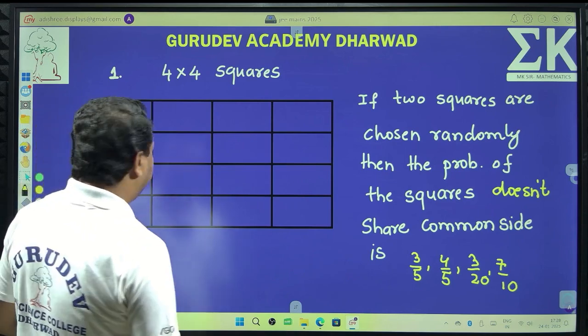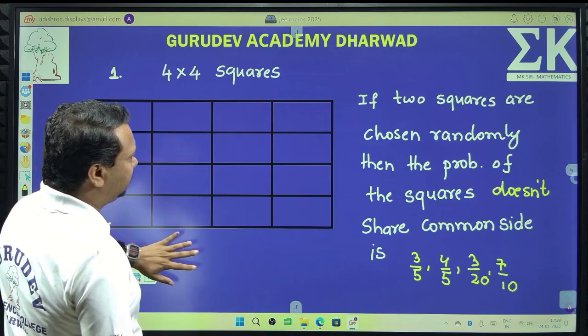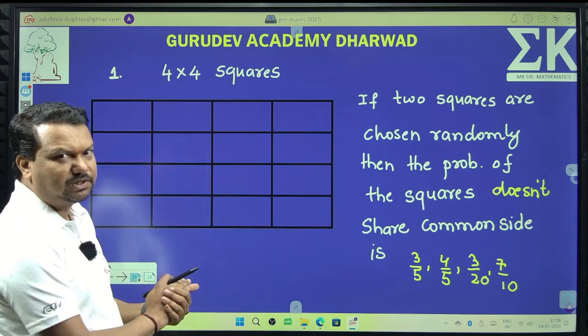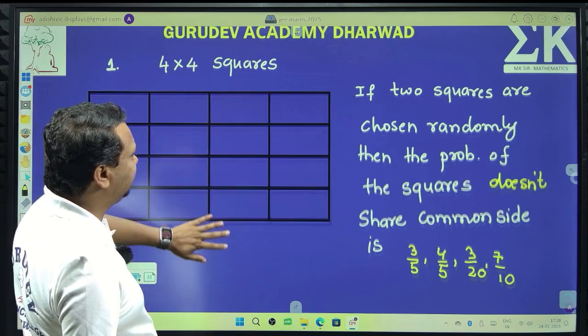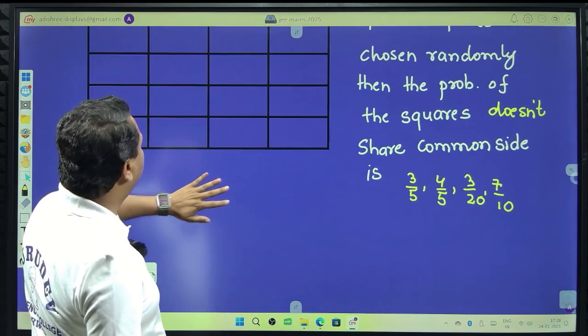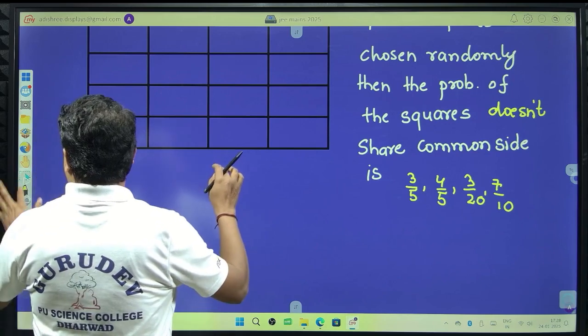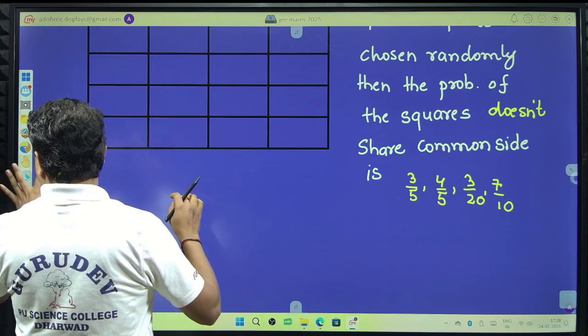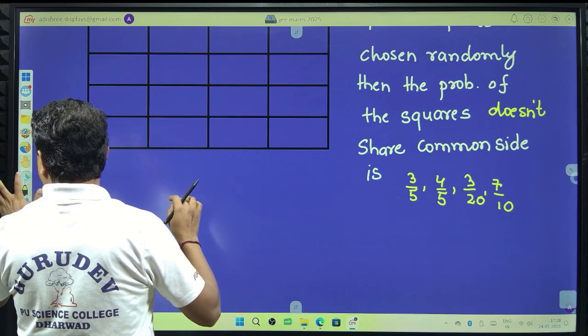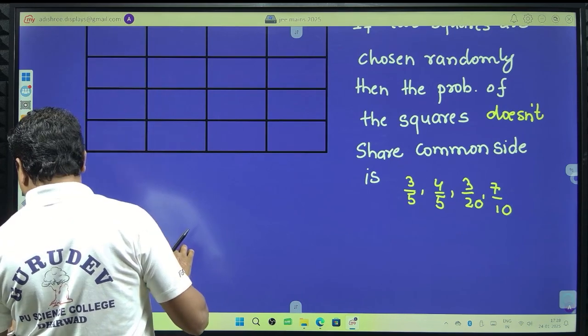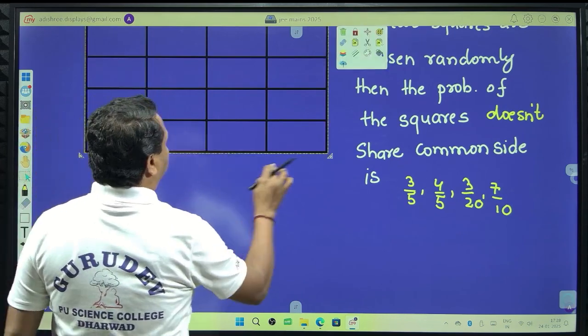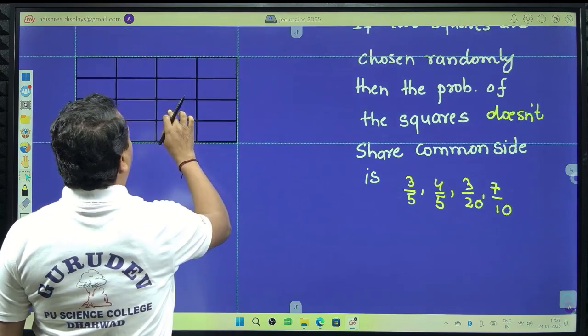Let me understand what the total number of squares is first, because probability is favorable cases divided by the total number of possibilities. This is a 4 cross 4 table.